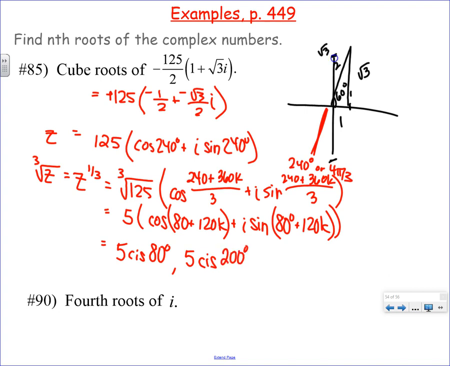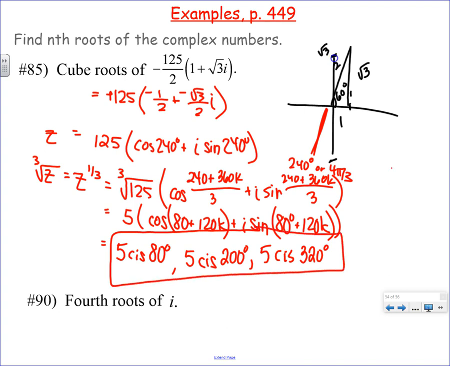And I'm supposed to have 3 answers. Let's try one more time. What's 80 plus 240? 320. If I were to go again, it'd be over 360. I'm done. These are the only answers that fit.